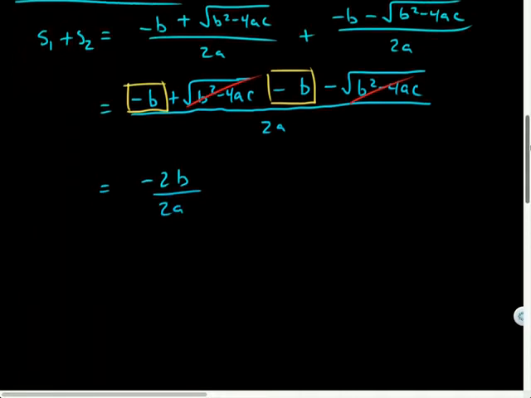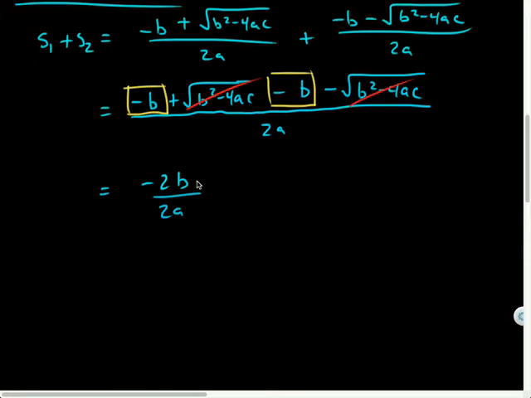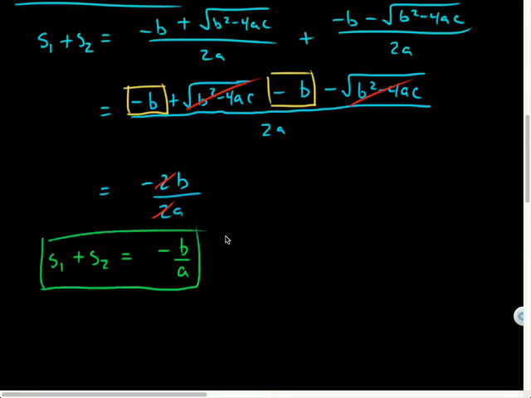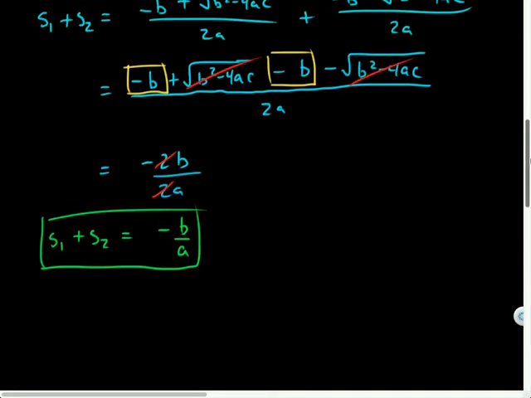And what can I simplify? Is that what you were saying, Natalie, that the 2's cancel out? So I get that S1 plus S2 is equal to the opposite of b over a. And that's the sum of roots. That's the little pattern or formula that we've just derived for the sum of roots. So that's one of the little formulas we learned today.